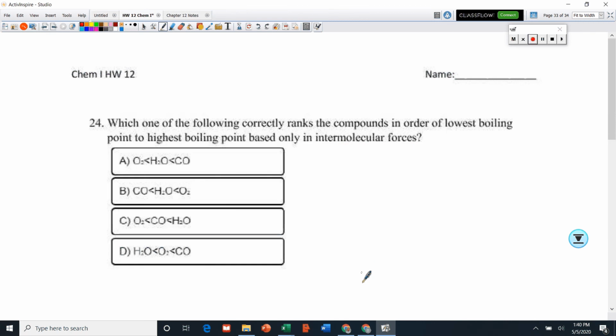All right. Which of the following correctly ranks the compounds in order of lowest boiling point to highest boiling point, based only on intermolecular forces? So weakest IMF will have a low boiling point.